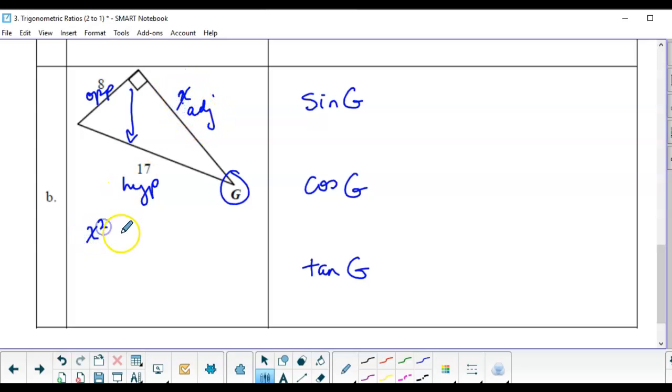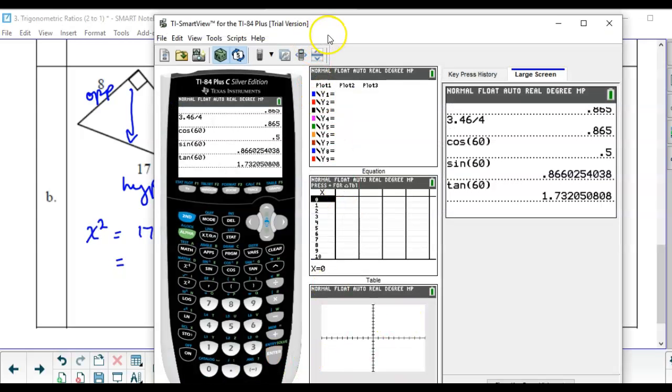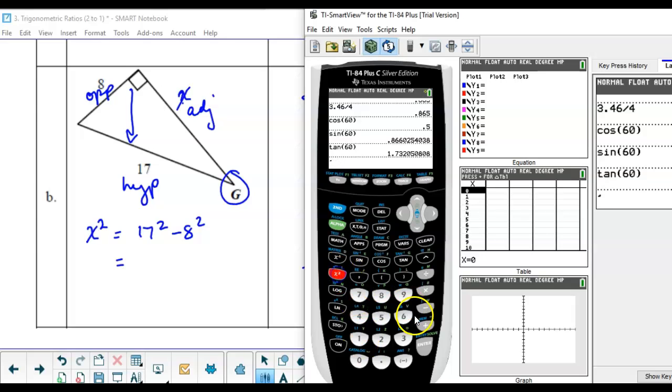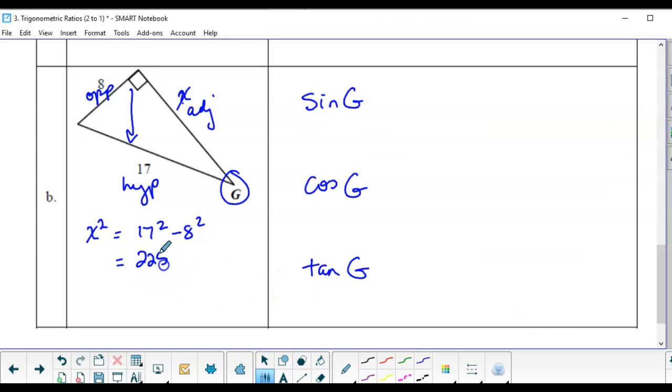So Pythagorean theorem, x squared equals hypotenuse squared minus the other leg squared. Calculating that, 17 squared minus 8 squared is 225. So x is the root of 225, which is 15.